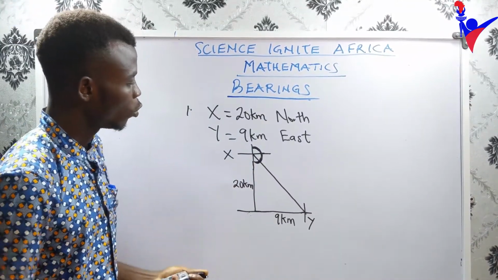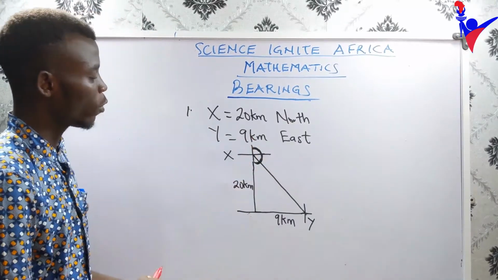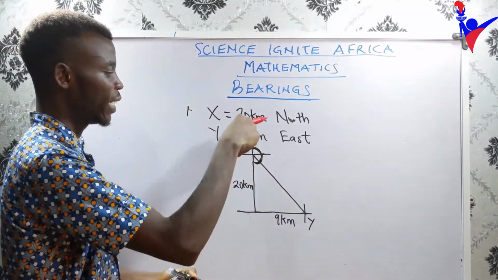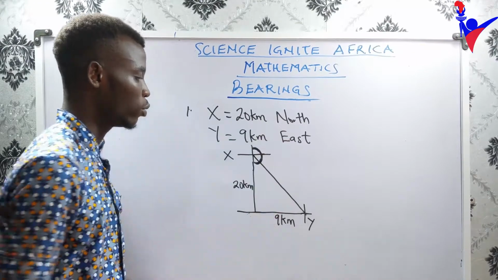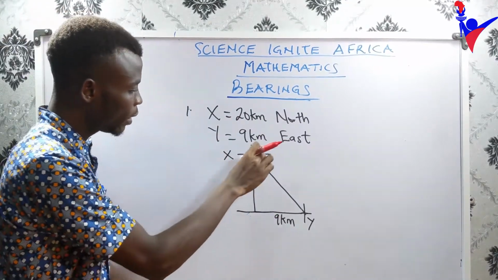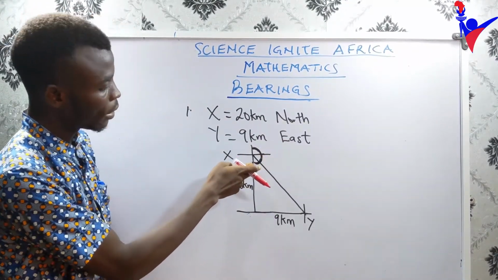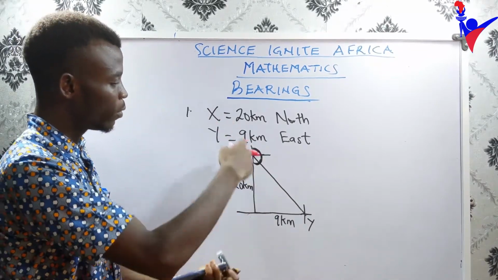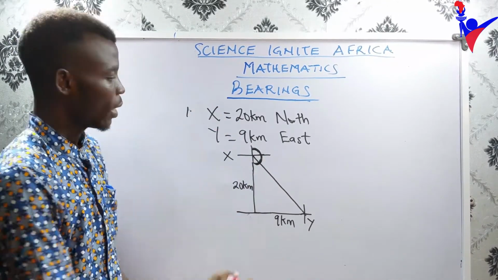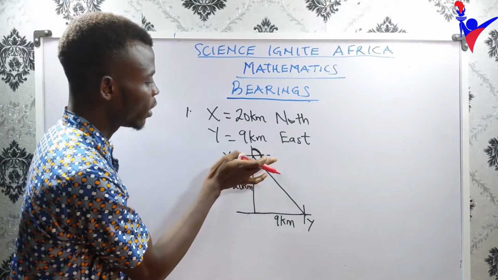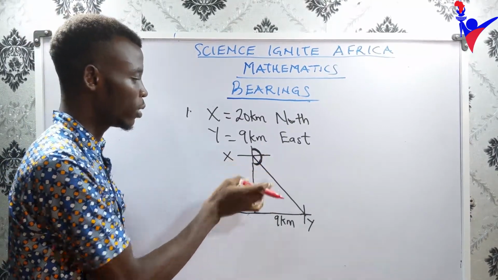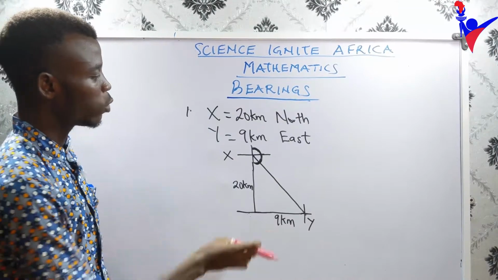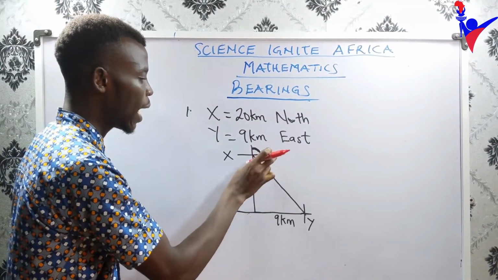For us to know the values for this, we first look for the value of the angle inside the triangle. This side and this side both represent X, but we've divided it into two. The first value we have to get is the inner angle.